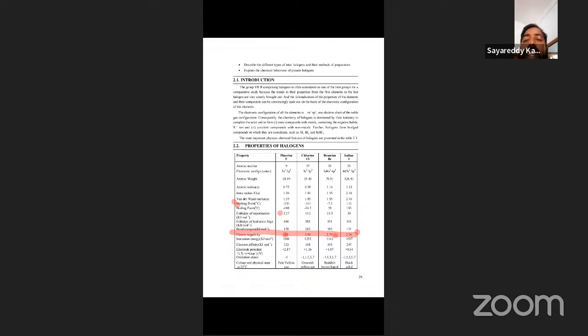Iodine melts at 113 degrees and boils at 183. These are also important.